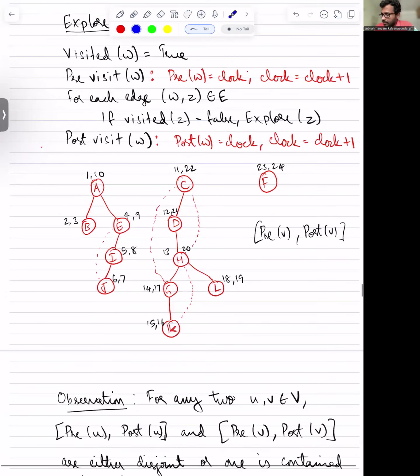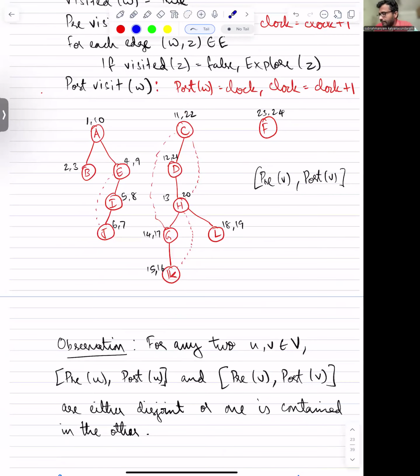So this is what I've written here. For any two vertices U and V, if you look at these intervals, they're either disjoint or one is completely contained inside the other.